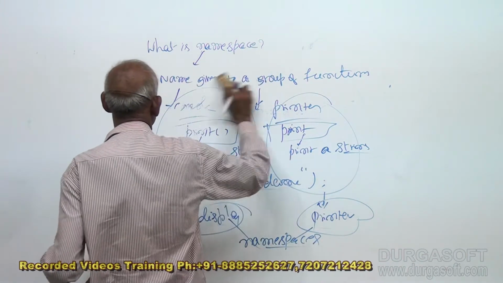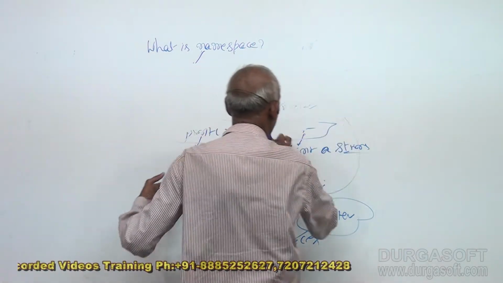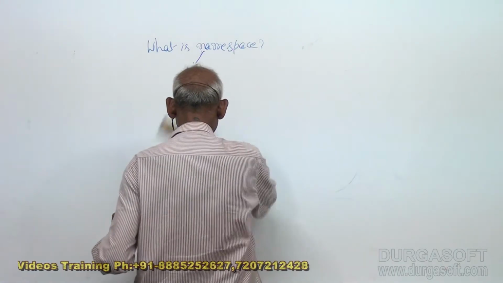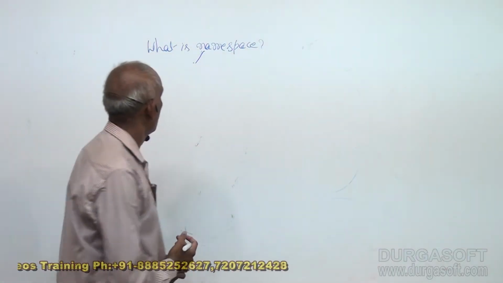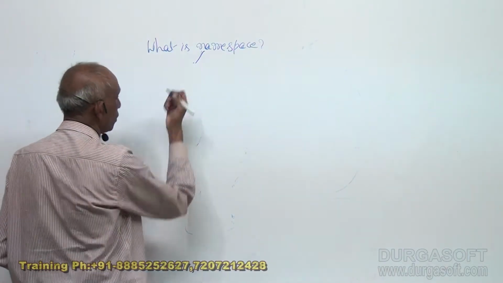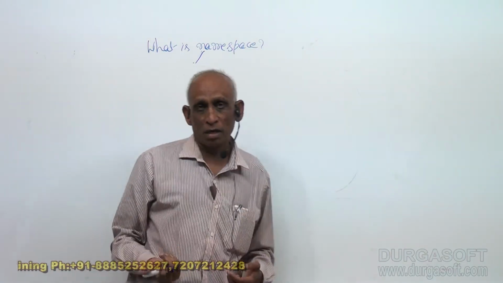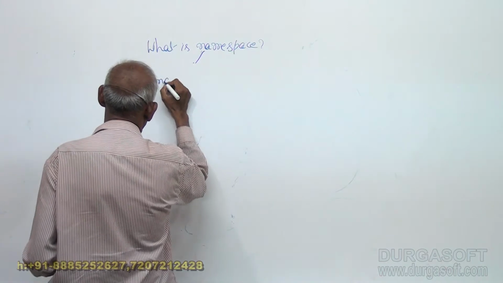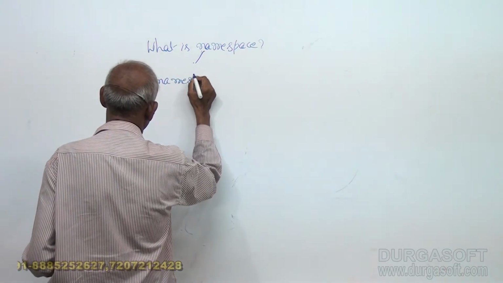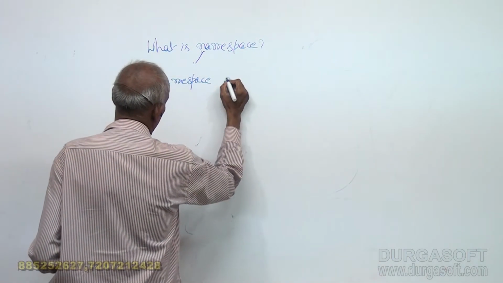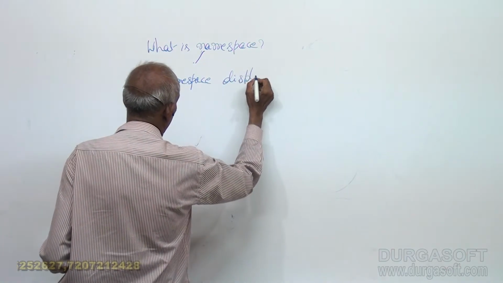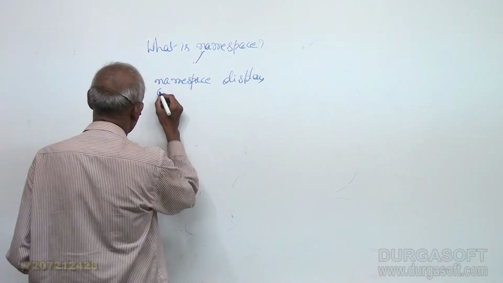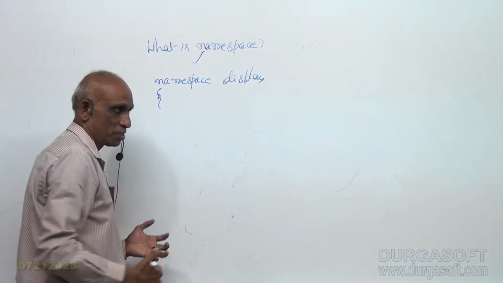Namespaces. So with this, we will do a small example. Now we have two namespaces, display and printer. So how do we define them? Namespace display: this is how I define a namespace display, opening brace. Now define the functions.